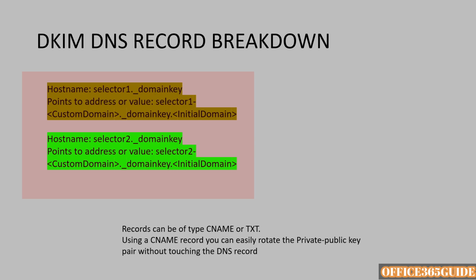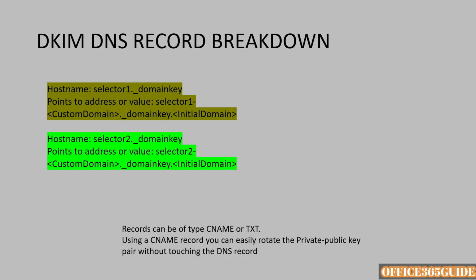So the host name will always be selector1, selector2 under dot underscore domainkey, and then it will always point to your custom domain. Let's say I have a domain ramanlodhi.in and then domainkey and then the initial domain. So the initial domain here is your onmicrosoft.com domain, or in other words, it's also known as the MOERA domain. So this is basically what the DNS record for DKIM looks like.